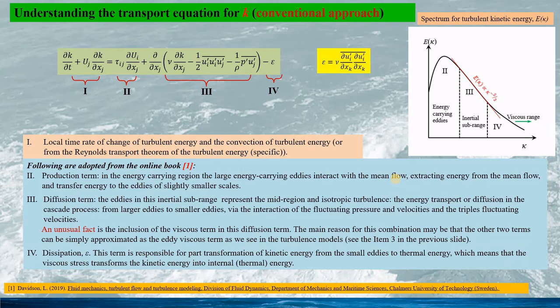Region 4 is the dissipation term, epsilon. This term is responsible for the transformation of kinetic energy from the small eddies to thermal energy. This term itself is positive, meaning the kinetic energy is transferred to the internal energy. Thus, the turbulent energy is dissipated into heat.